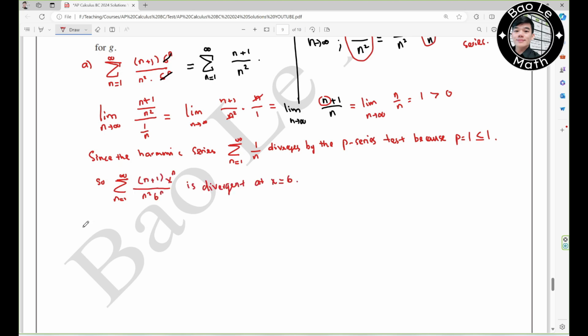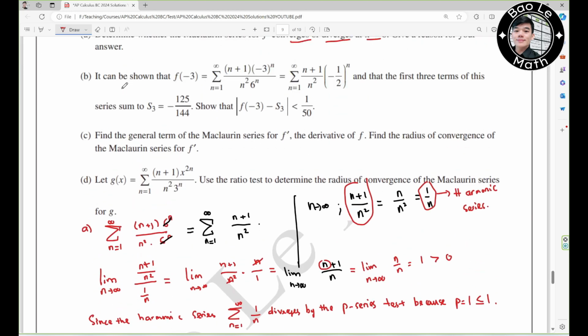Alright, let's move on to question B. It can be shown that f of negative 3 equals the sum n goes from 1 to infinity n plus 1 times negative 3 to the n over n squared times 6 to the n equals this guy, and that the first three terms of this series sum to this guy.